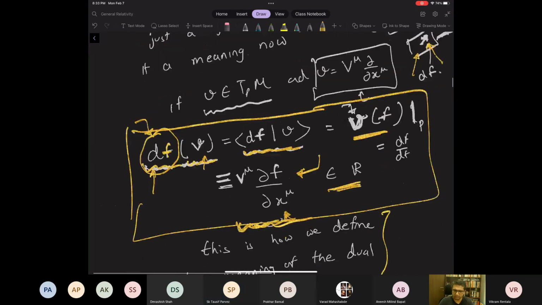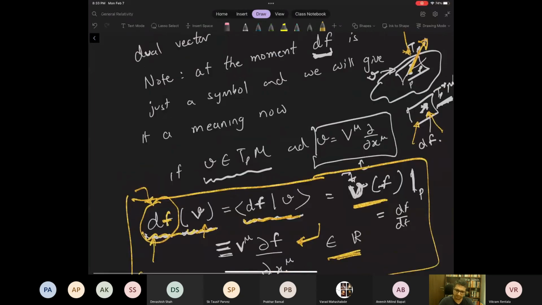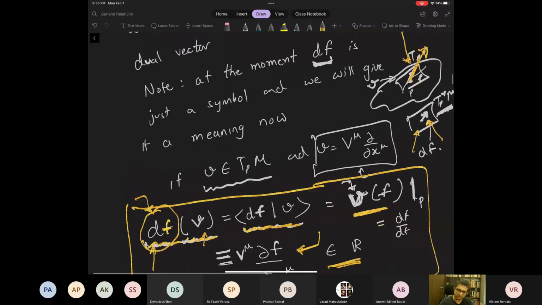That's a good question. Actually the dual vectors exist independently of the functions f. But I'm trying to pick a particular dual vector, and this particular dual vector I can associate with every f.